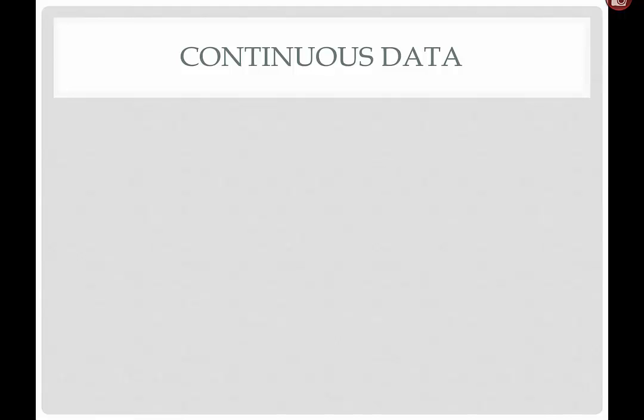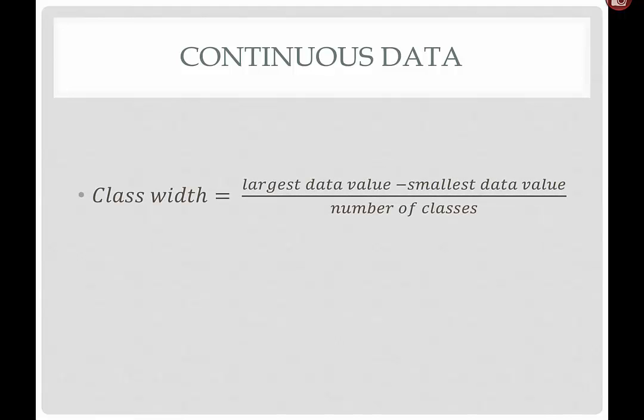And so when looking at continuous data, you're going to find a class width by taking the largest data value and subtracting the smallest data value, and then divide by the number of classes that you want. Okay, and so you always want to keep it between 5 and 20 classes.